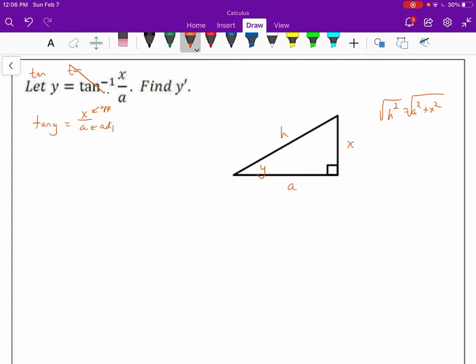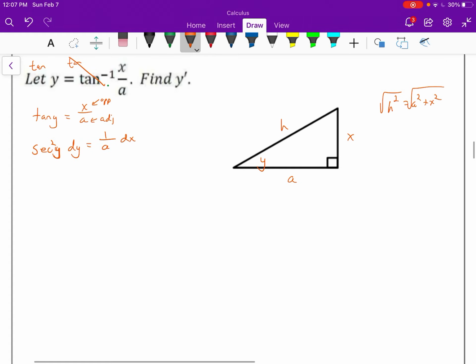The differential of tangent is secant squared. So secant squared y dy equals 1 over a dx. Well, secant of y is, by definition, hypotenuse over adjacent. I'm sorry, I think I said that incorrectly before. So we want the hypotenuse.